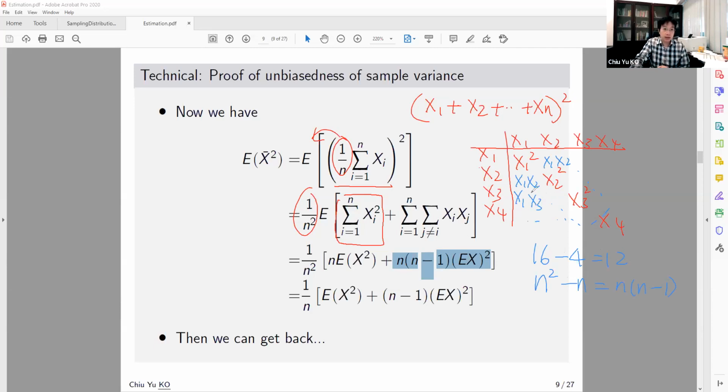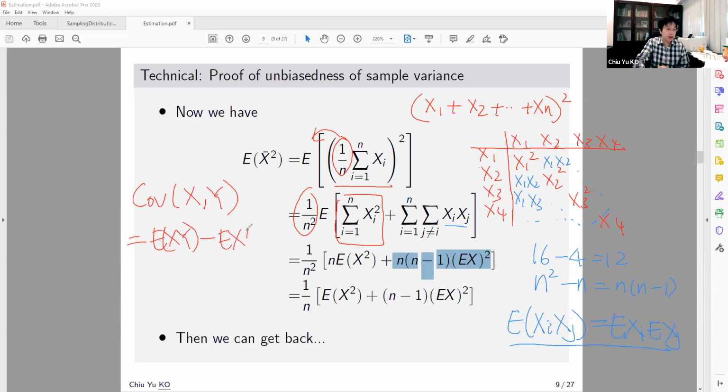All these terms are not the same, so the expected value of xi xj will be equal to the expected xi times the expected xj. Why is this true? Because there is a result: covariance of x and y is equal to expected xy minus expected x times expected y.